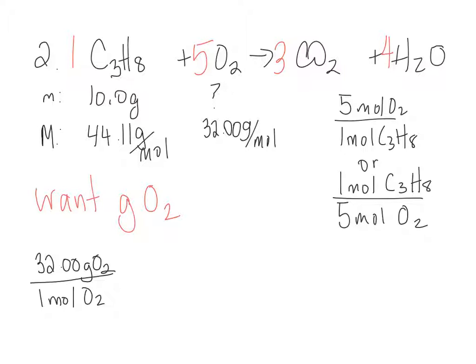So we've got the unit that we want on the top, but we want to get rid of what's on the bottom. When you set up dimensional analysis, you can only do multiplication by ratios or multiplication by numbers. To pick the next ratio, it has to have what we want to get rid of in it. We want to get rid of what's on the bottom because we want grams of O2 all by itself.